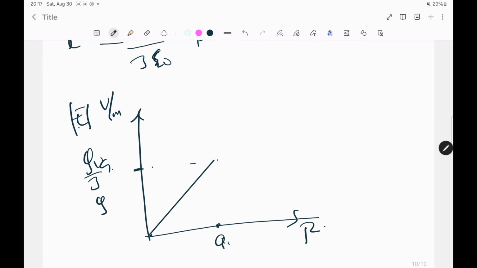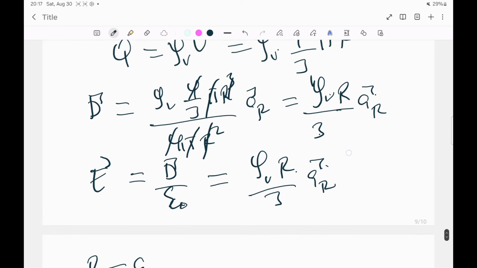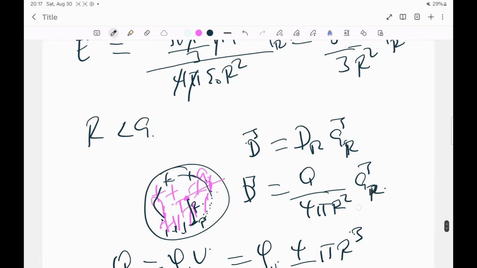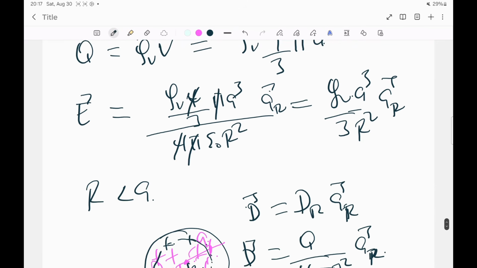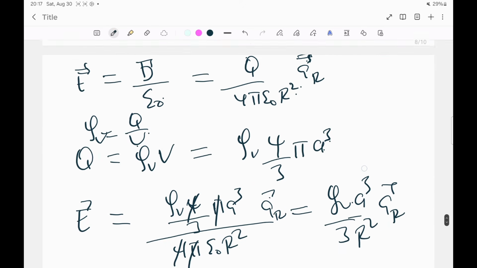And then this side, we can indicate like this. Now when R is greater than A, we got this one.